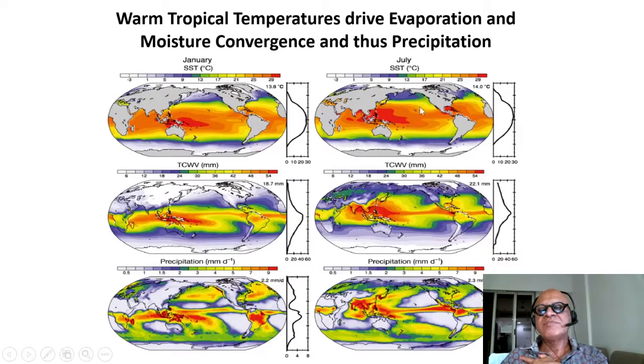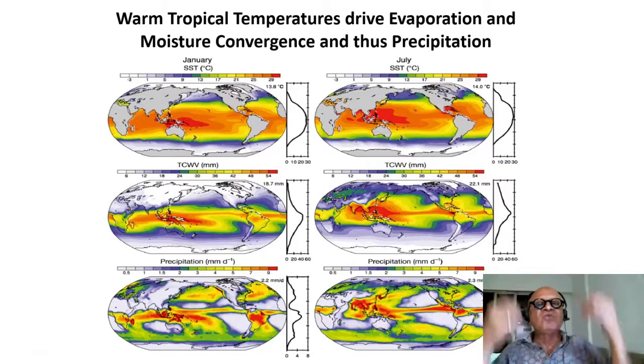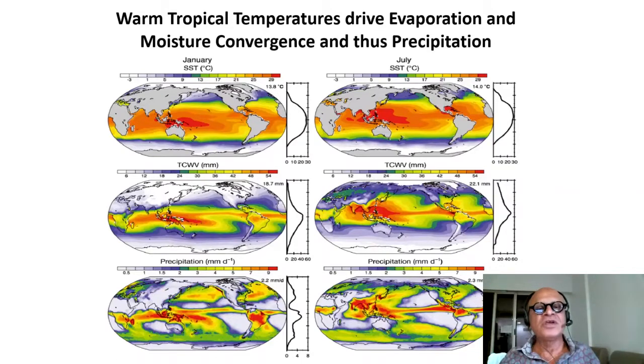But you can see this band of warm temperatures here where there is also very high total column water vapor, because that's where the convergence and the rising motion is happening that we saw in the Hadley cell. So the Hadley cell itself is going to move back and forth with the sun. But you can see that it's stronger here when the sun is in that hemisphere and weaker here when the sun is in the other hemisphere.